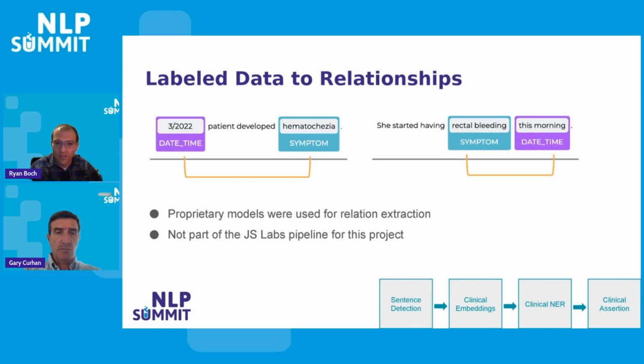We are aware that John Snow Labs has capabilities for relation extraction, and we've explored it a little bit, but we have some pretty good proprietary models that we use to establish these relationships. So the relation extraction is not part of the JSL pipeline for this particular project, but it is something that we needed to do. So I wanted to mention it.